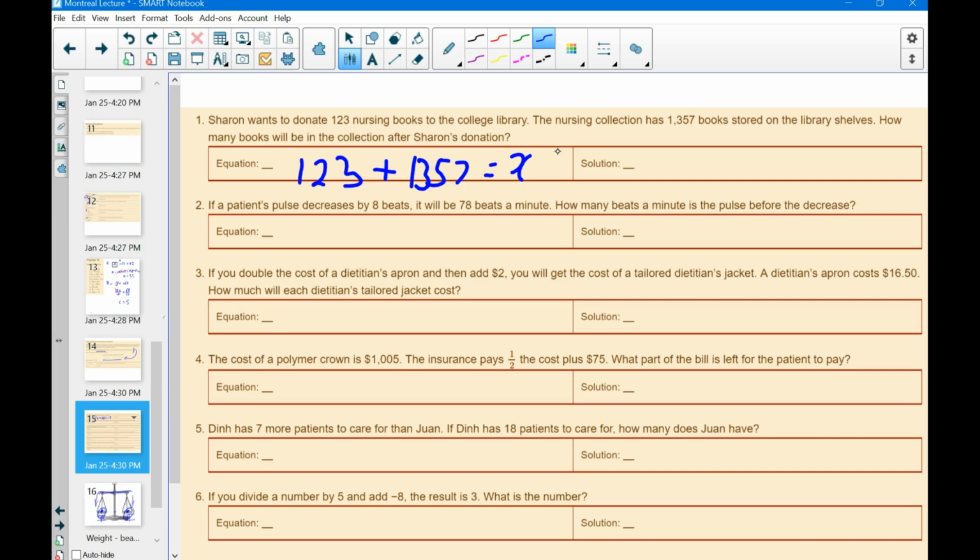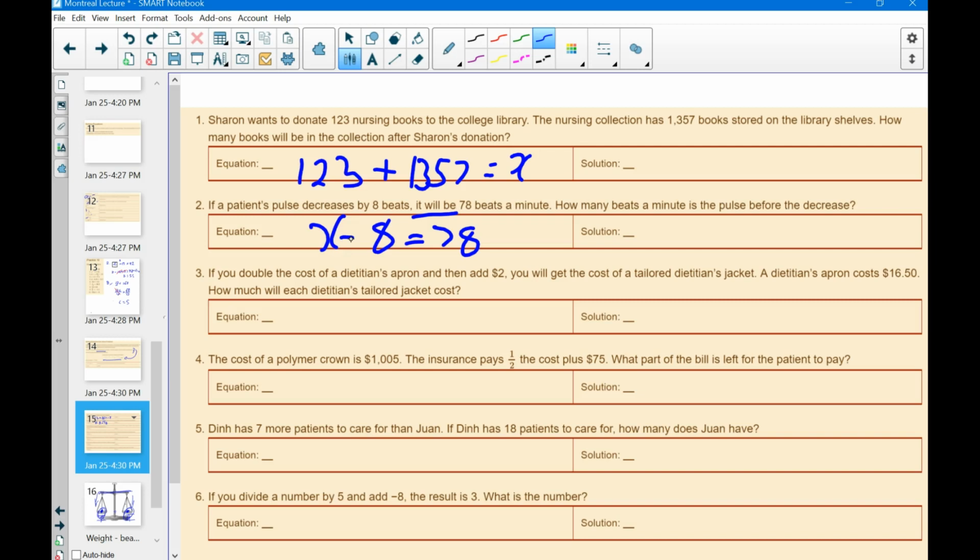How many beats a minute is his pulse before the decrease? I can't read this. Oh, I'm so tired. So if it decreases by 8 beats per minute, and will be 78 beats, this piece here means it's going to be equal to 78 beats. If it decreased by 8, we're going to have something minus 8. So it's going to be x minus 8 for that equation. And you can solve that yourself now.